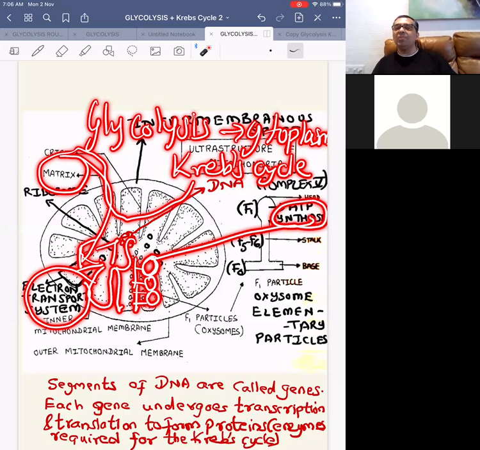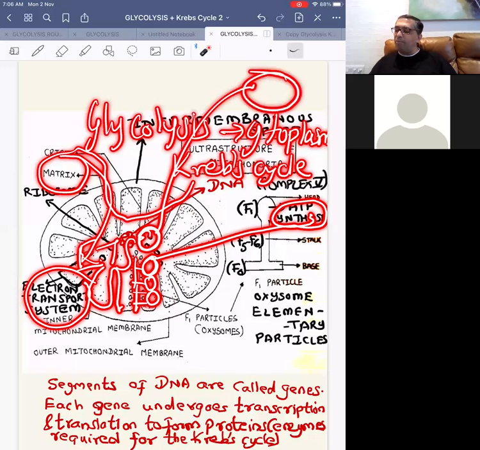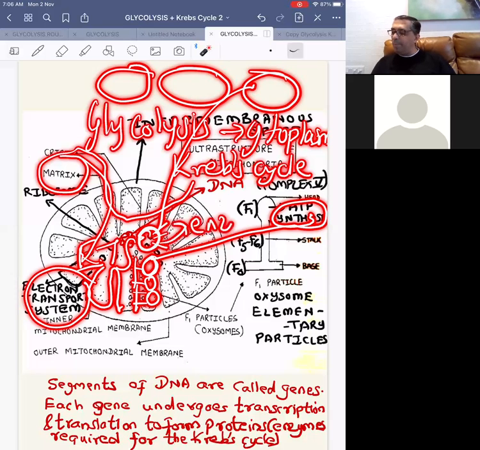Beautiful. And what does the cell replicate with the help of? The cell replicates with the help of its own DNA, which will do two things. It will multiply the number of mitochondria, and also it will produce enzymes, and those enzymes will be required for the Krebs cycle to take place.